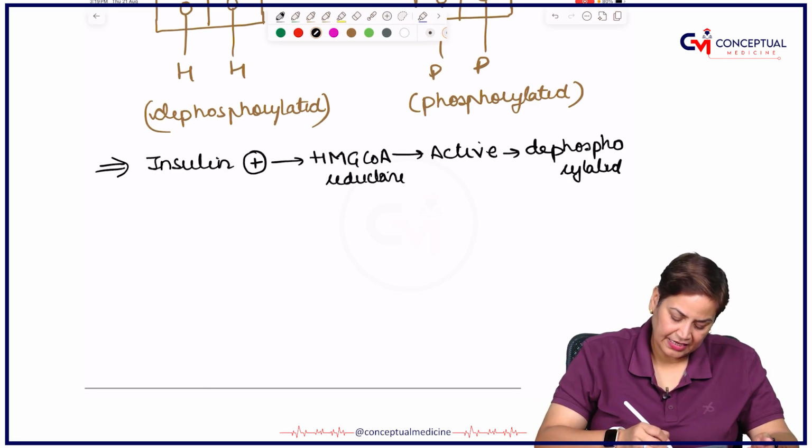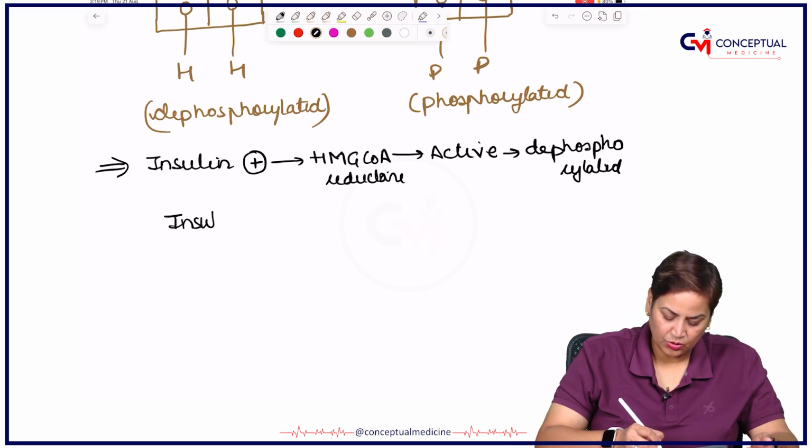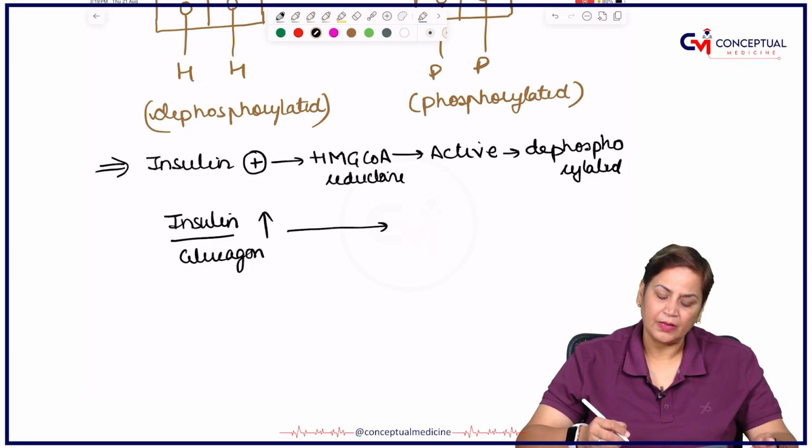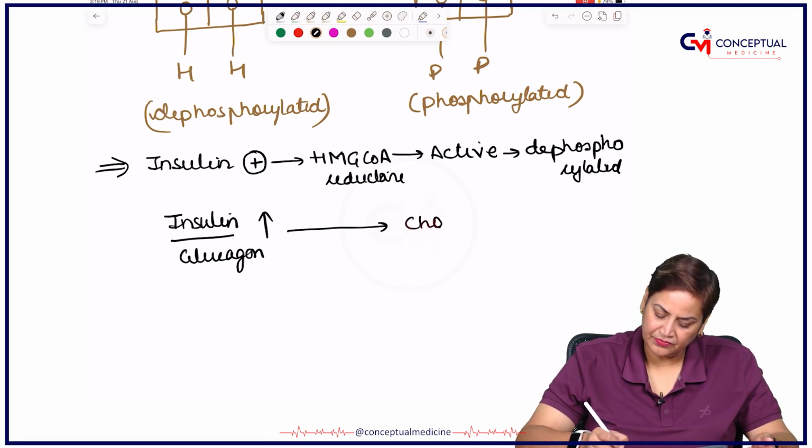So, if there is high insulin to glucagon ratio, cholesterol biosynthesis will increase.